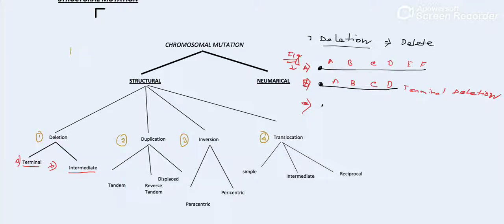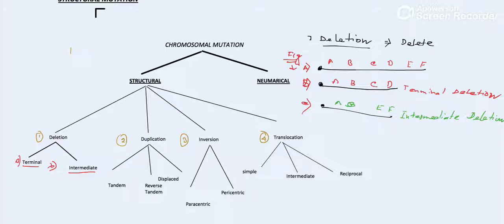Secondly, another term that comes in this part is intermediate deletion. If suppose the AB and EF parts are present but the CD part is missing, such a deletion, where the intermediate gene is missing from the chromosome, is an intermediate deletion.